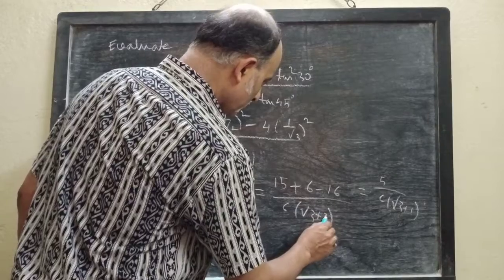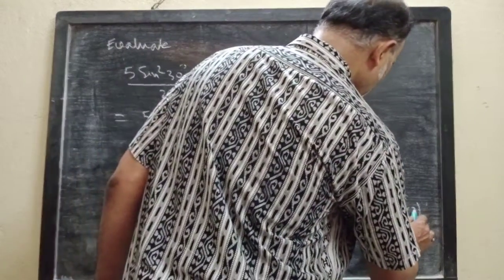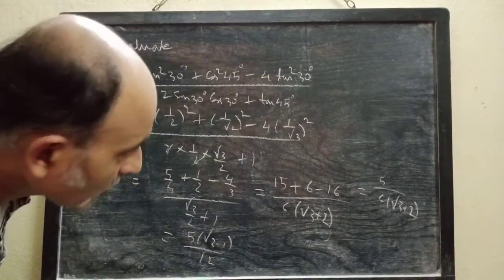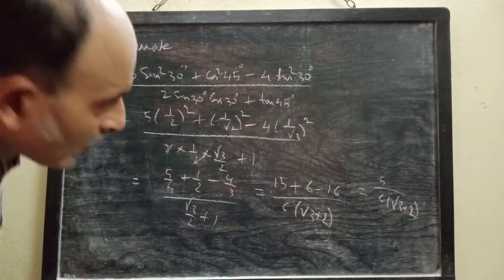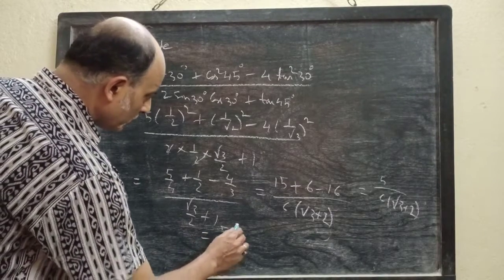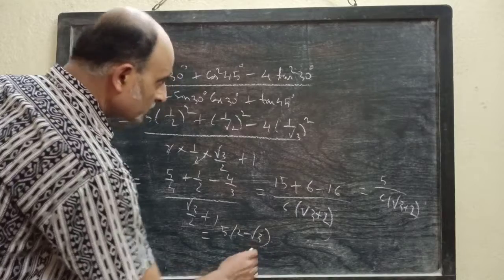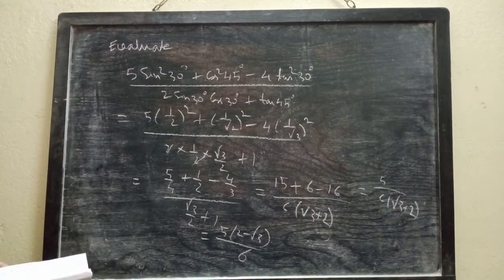Here it will become 2 plus root 3. Okay, this is root 3 plus 2. So here it will be 5 into 2 minus root 3 by 6. 5 into 2 minus root 3 by 6. So this will be the answer.